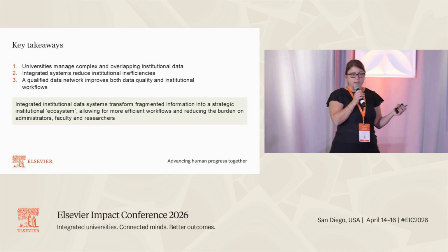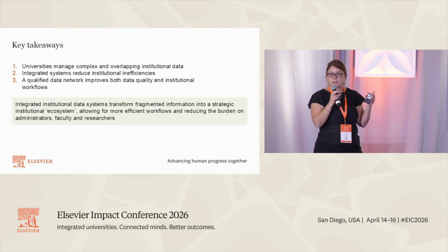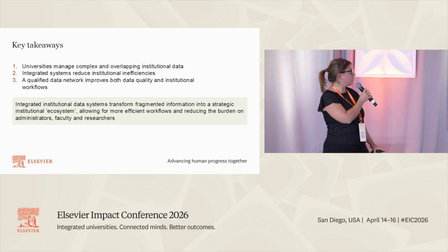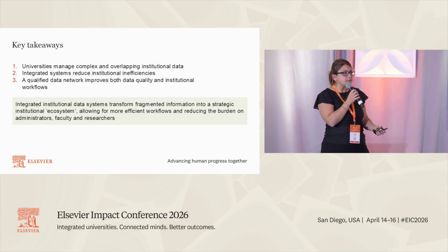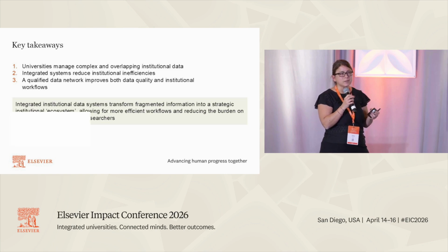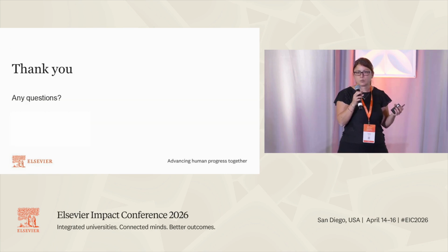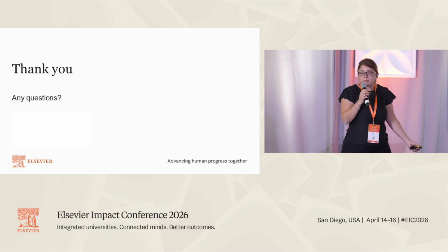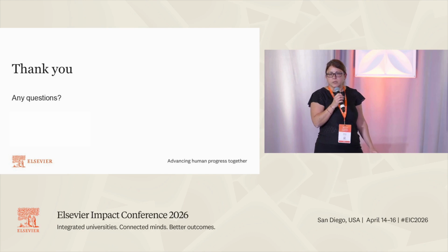So with this integrated system, we can try to reduce the fragmentation of information that the institution has to deal with, and create an institutional ecosystem. I put it in quotes, but in practice, it's an ecosystem in which different systems are connected, and the data between them can be reused. And with the final goal, of course, of reducing the burden on institutions.